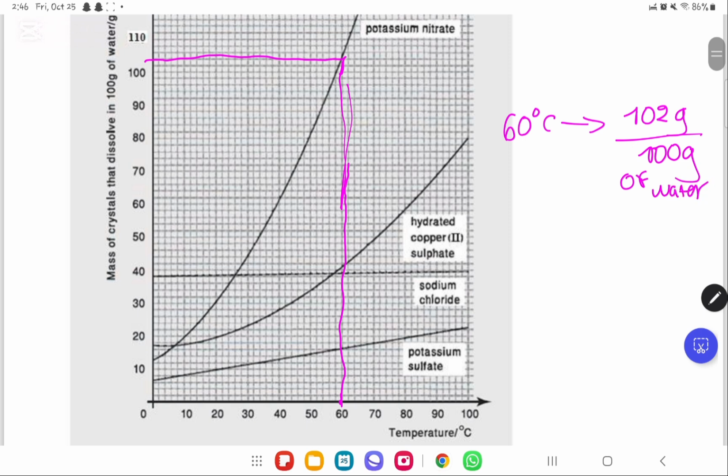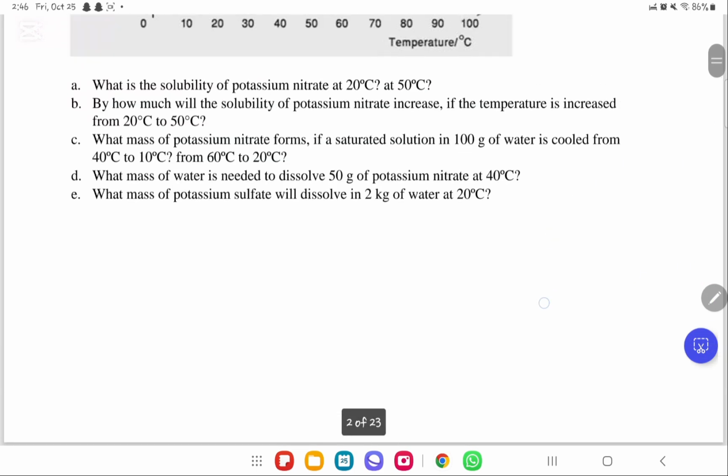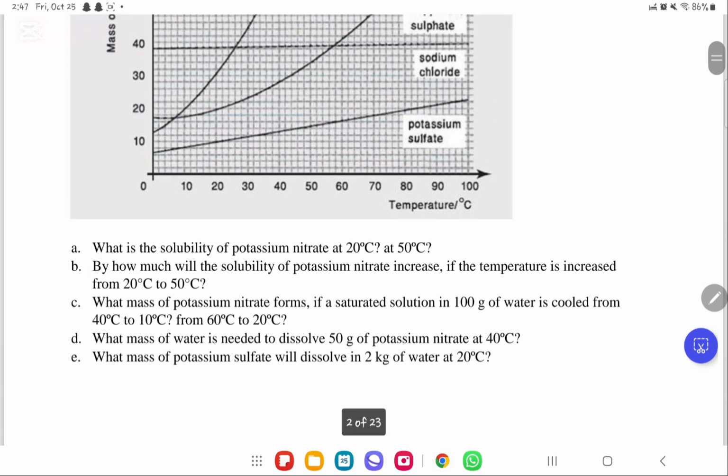Then at 20 degrees Celsius, if you remember from the first question, we got it to be 30 grams per 100 grams of water. So please keep these two values in mind. Let's go down. They're telling us the water is cooled from 60 degrees Celsius to 20 degrees Celsius, so temperature final, temperature initial, we're going to do the solubility of temperature final minus the solubility of temperature initial.